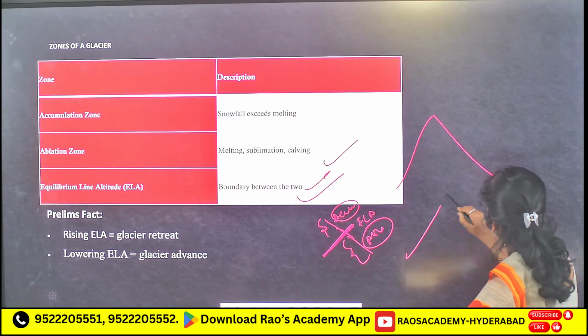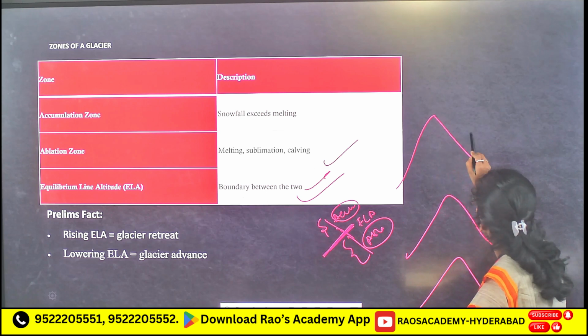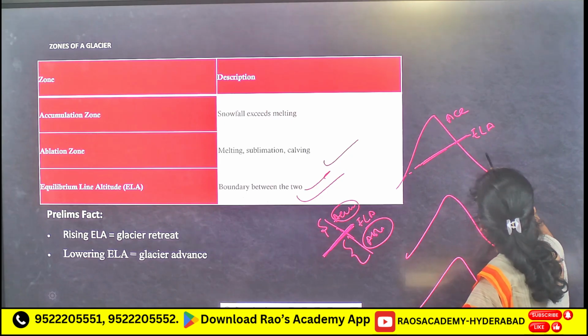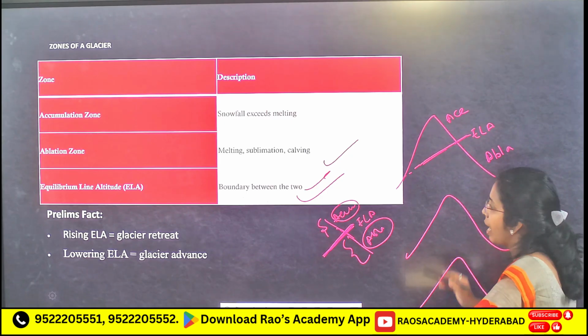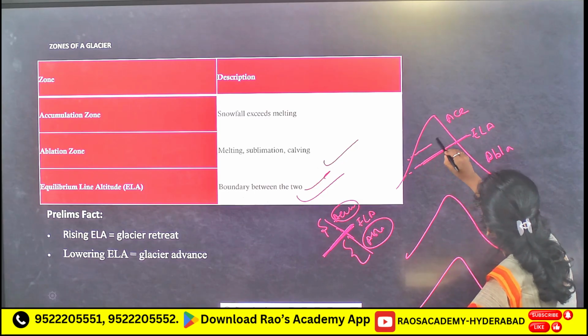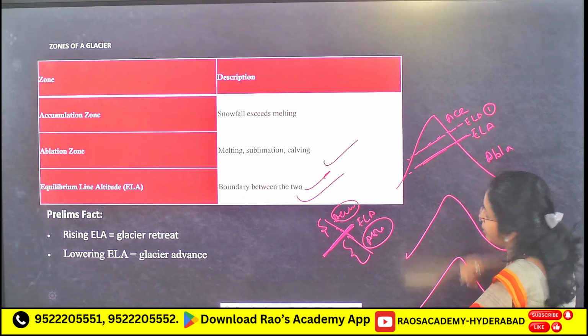climate change. For example, 3 mountains are there. Here ELA is here, here accumulation, here ablation. Here rising ELA 1.